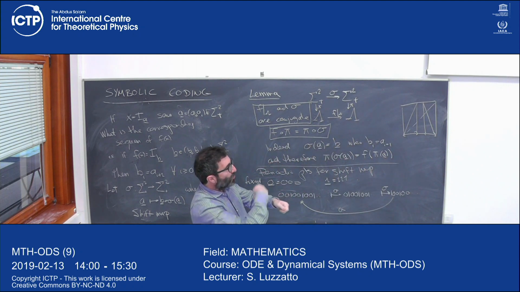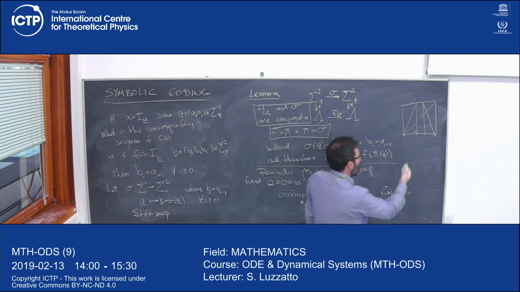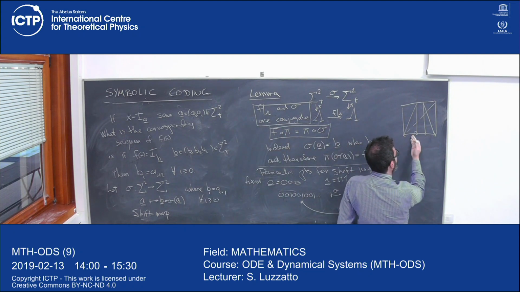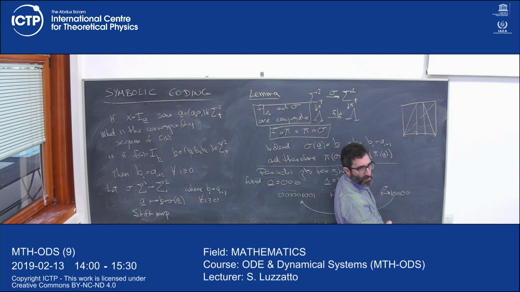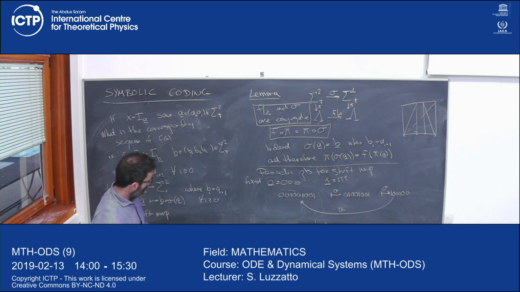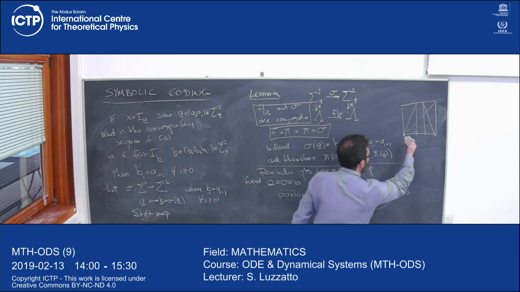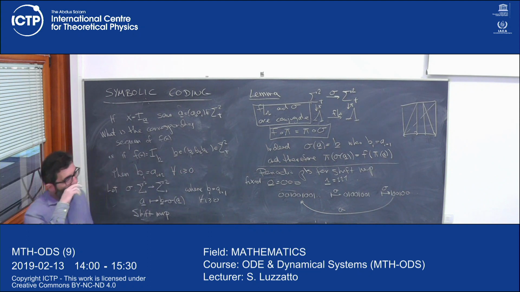And because you're doing the coding dynamically, you actually get this conjugacy, and then suddenly you know there are actually infinitely many periodic orbits of all possible periods. So this is a remarkable strategy to get a lot of information from something where you cannot see directly the periodic orbits.